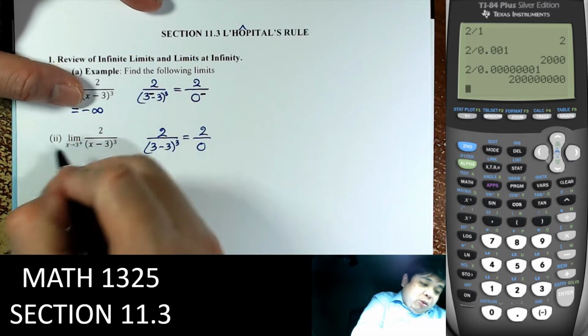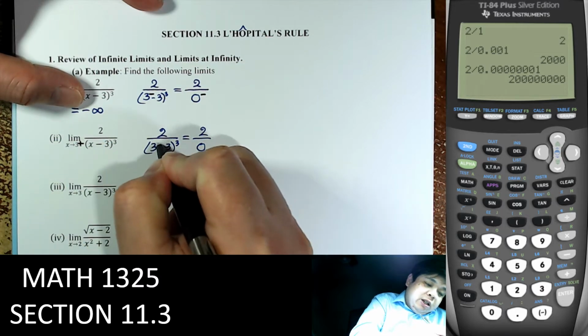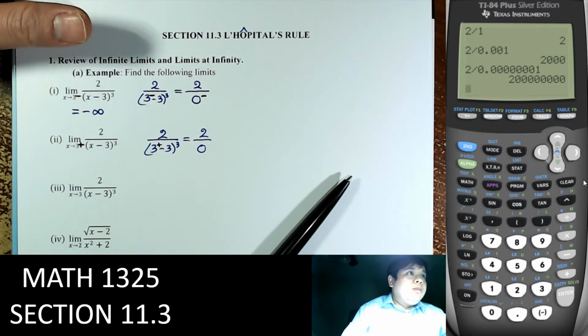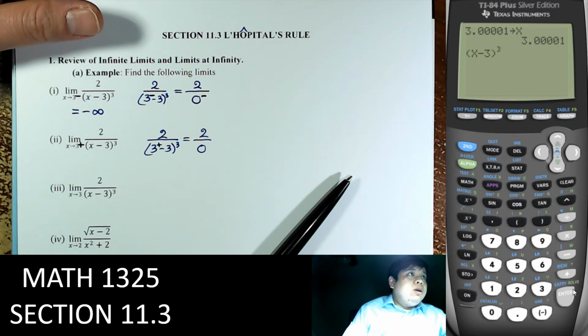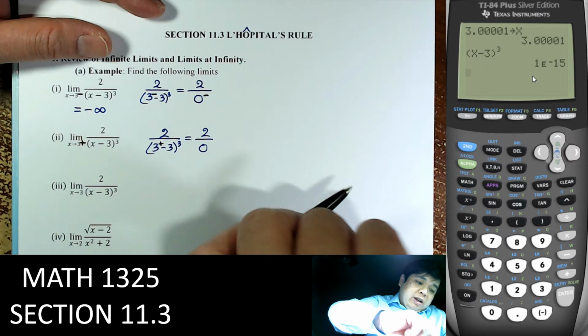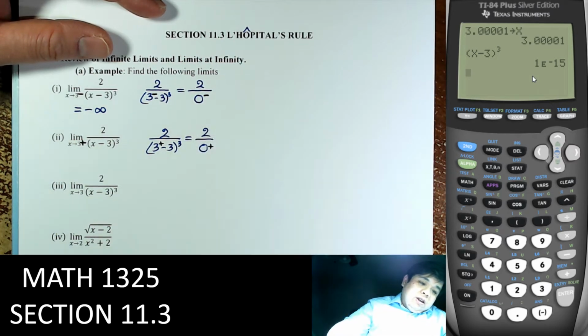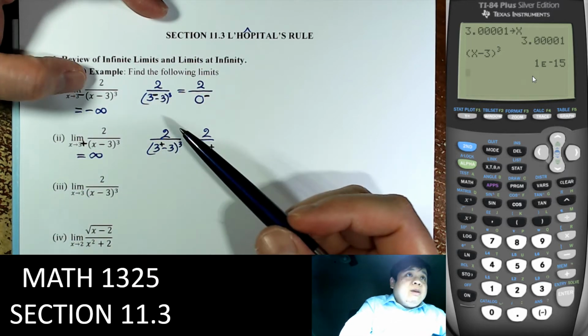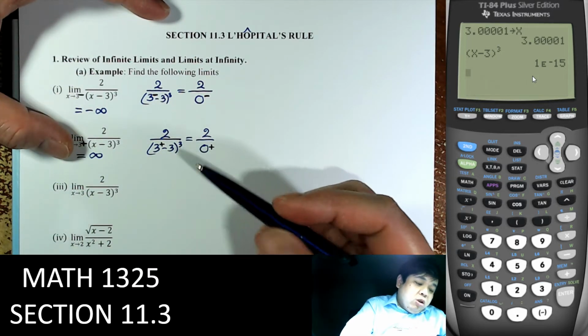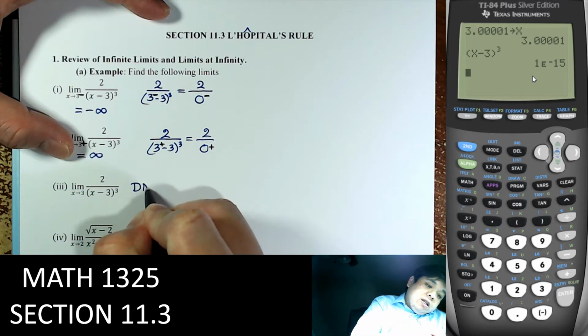Now if we go from the right side of 3, 3.0 something, we have (x minus 3) cubed, and that's going to be positive over positive. So that gives us positive infinity. From the left side it is negative infinity, from the right side it is positive infinity, so the limit does not exist.